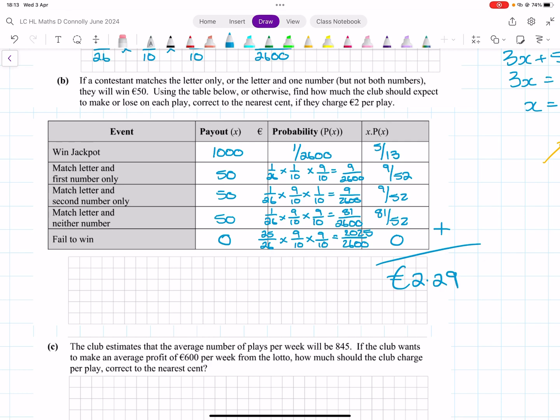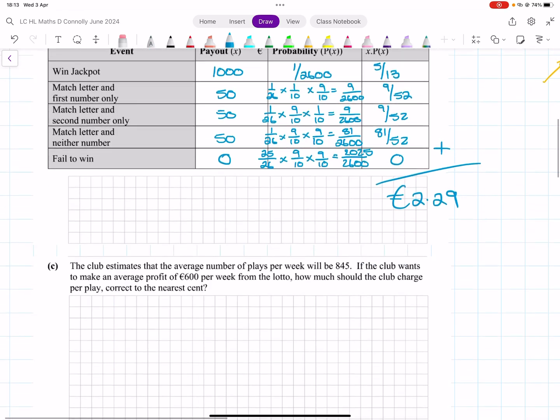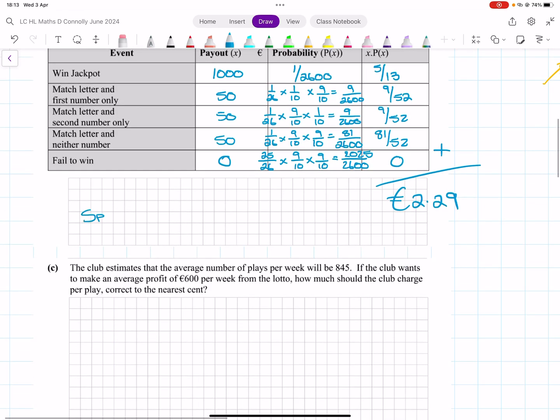They're going to pay out on average €2.29 for each game, and they're charging €2. So the sports club will lose 29 cents per play.